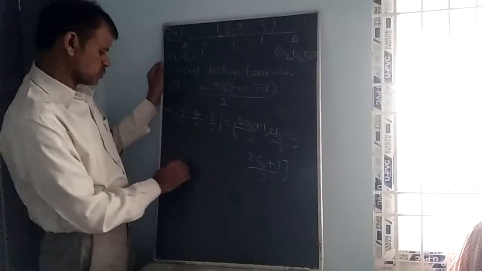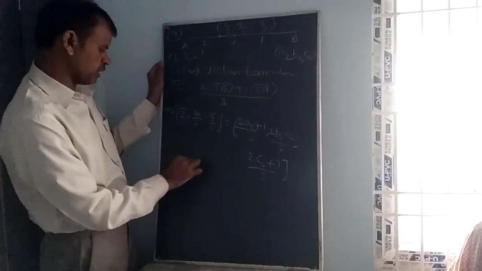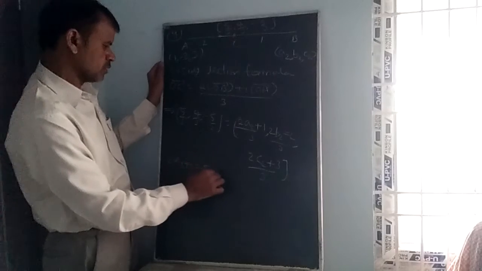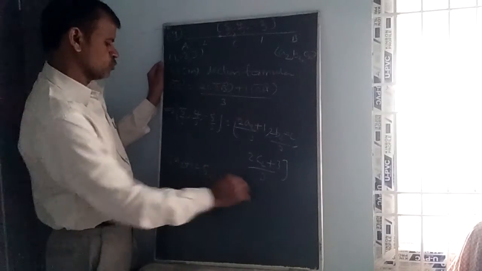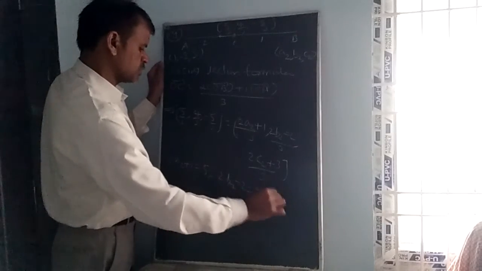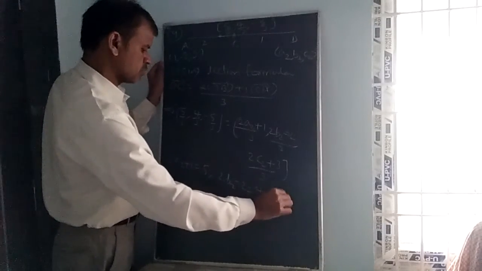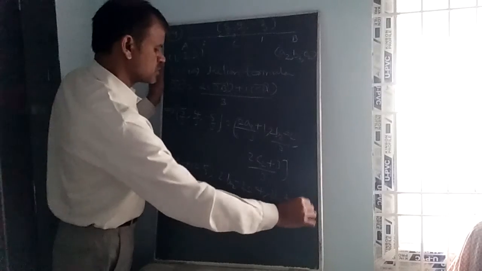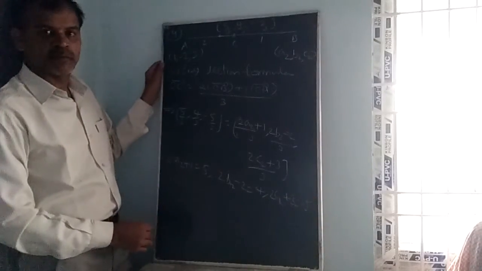By comparing this, we get 2a2 plus 1 equal to 5, 2b2 minus 2 equal to 4, and 2c2 plus 3 equal to minus 5.